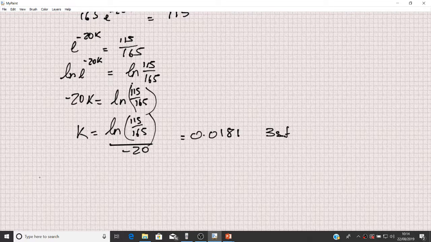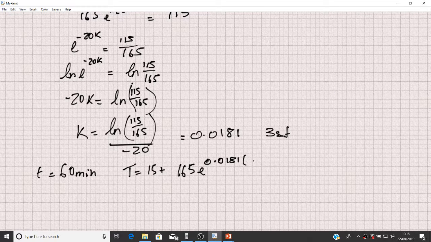Okay, so we now have the values of A and k, and we're ready to predict the oven temperature after 1 hour. So 1 hour, t equals 60 minutes. We are going to put the A and k into the formula. So we now have the temperature equals 15 plus A, which we said was 165, e to the power of my value of k, 0.0181 times 60.